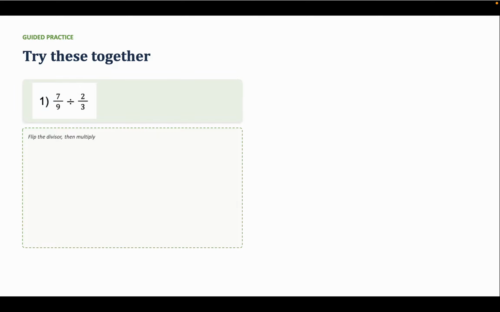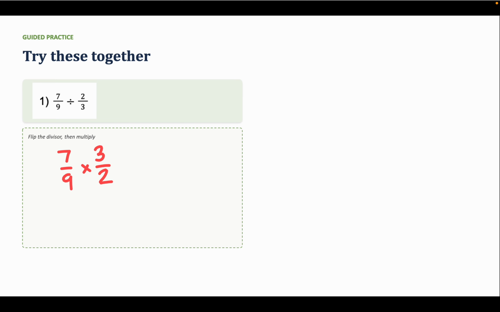Okay, so this is division with fractions. What do we do instead of dividing across? Flip the divisor and then multiply. So we're going to rewrite this as 7/9 multiplied by, flipping the divisor, 3/2. Now, we could just multiply across, but there is a simpler way.